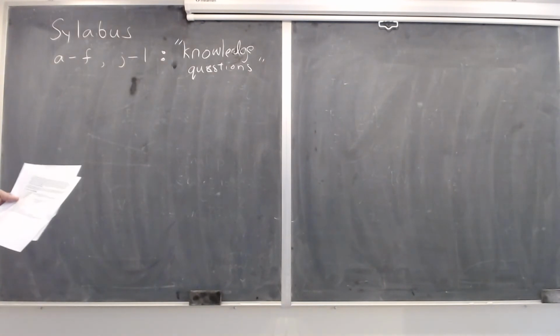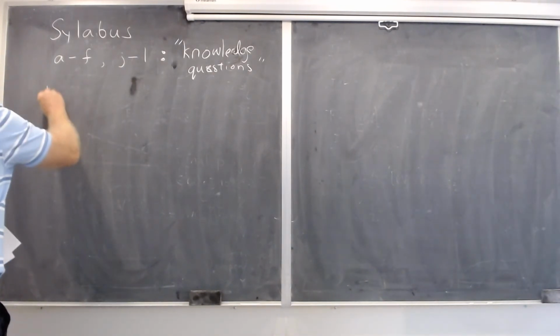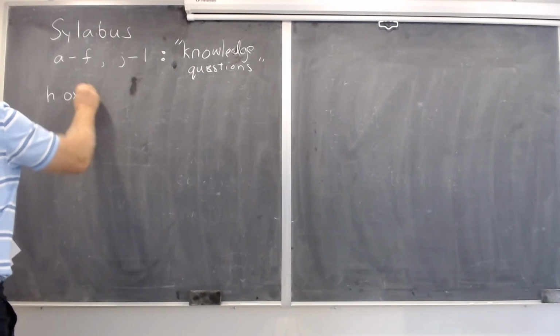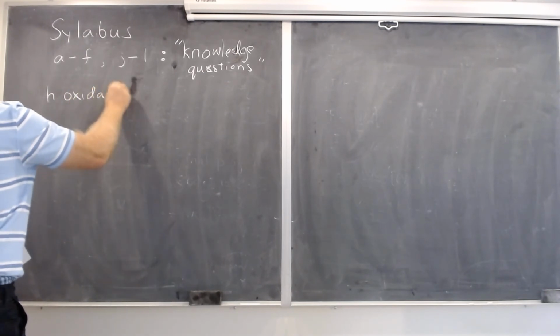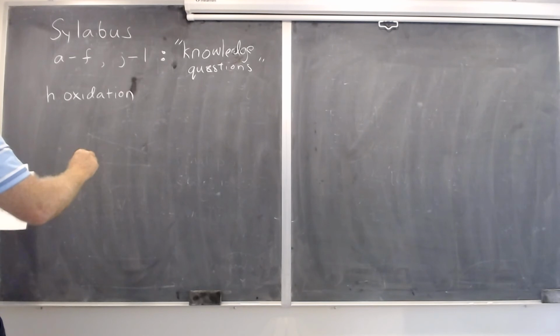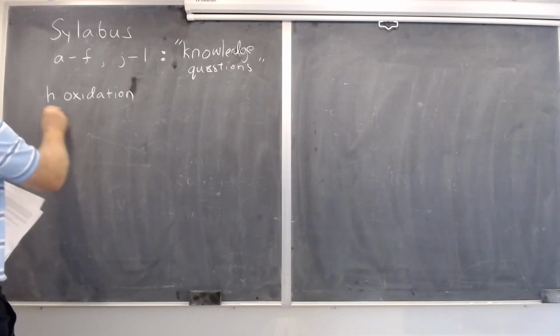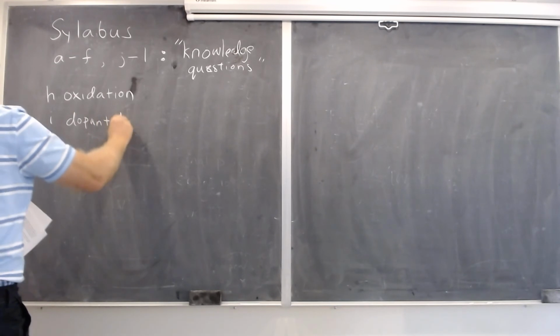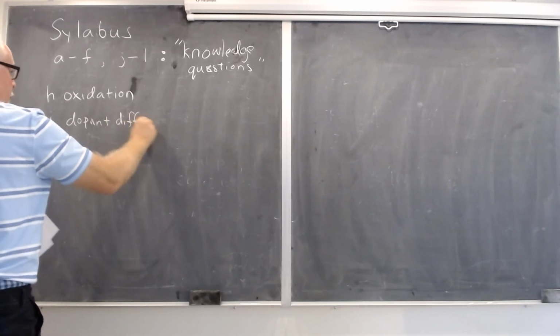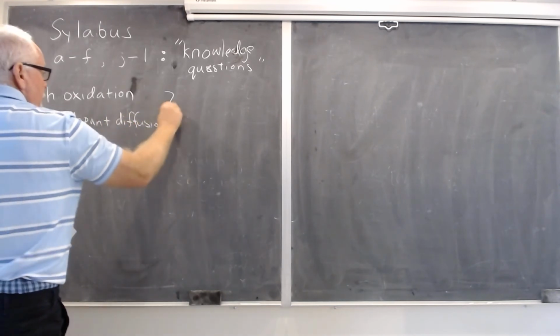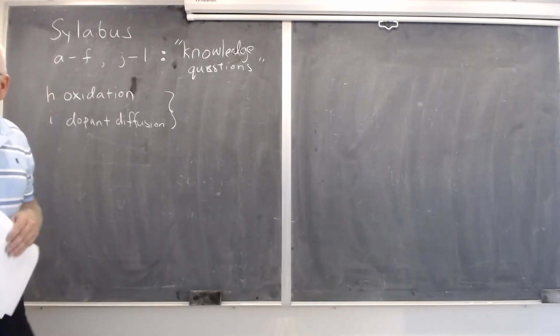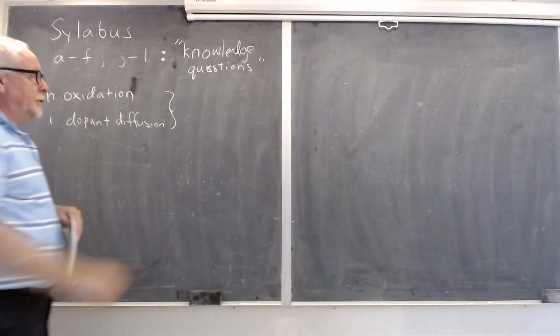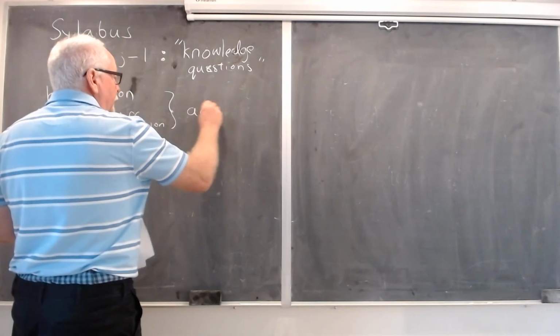Now, there are two things here, H, oxidation, and I, dopant diffusion. And for those subjects, there's actual math.